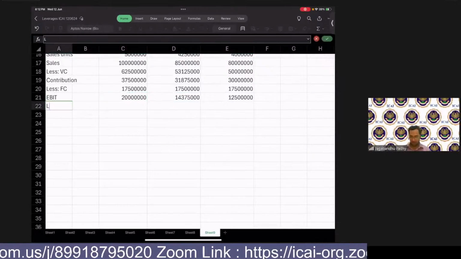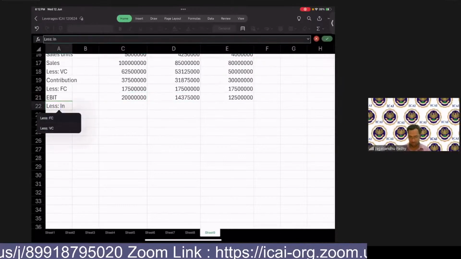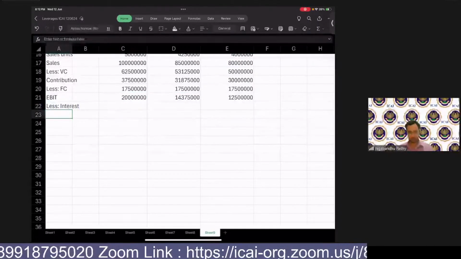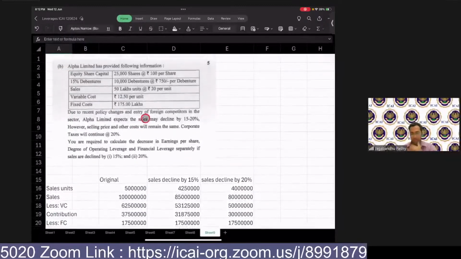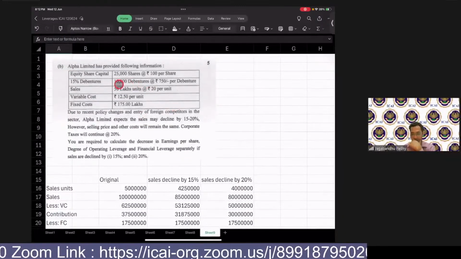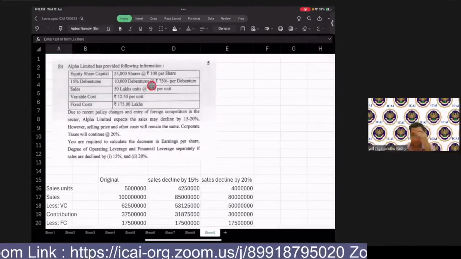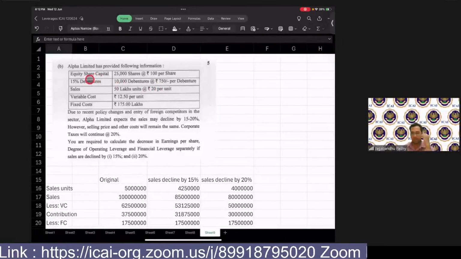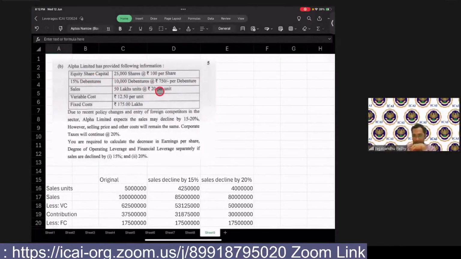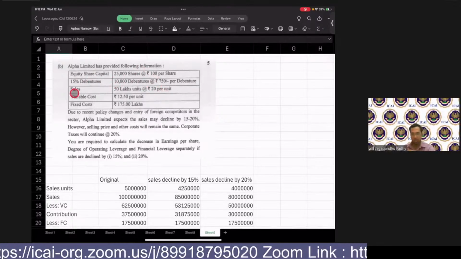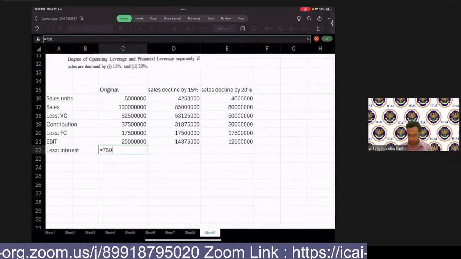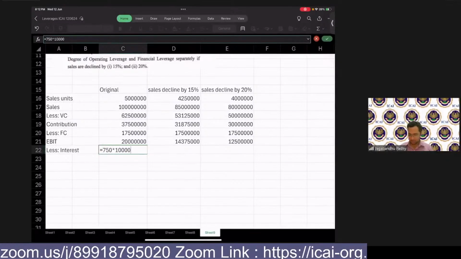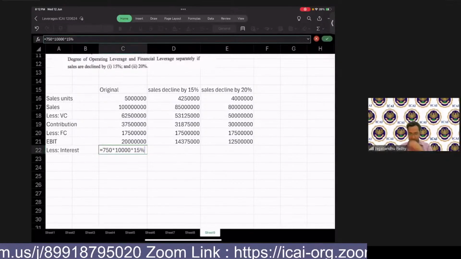From EBIT, we reduce the interest. Interest will be on 10,000 debentures at rupees 750 each at 15%. So that's going to be 750 into 10,000 into 15%.